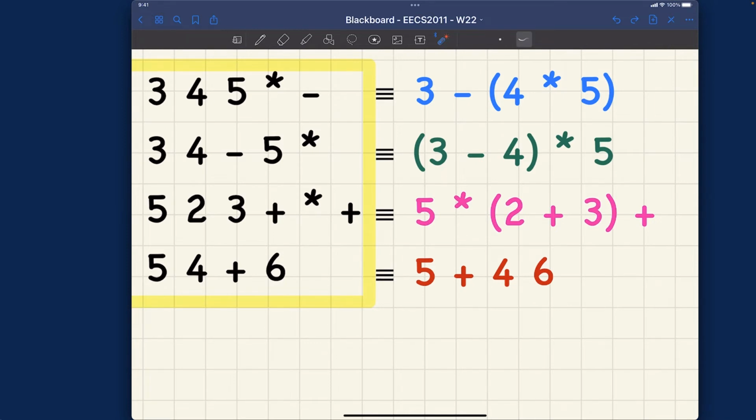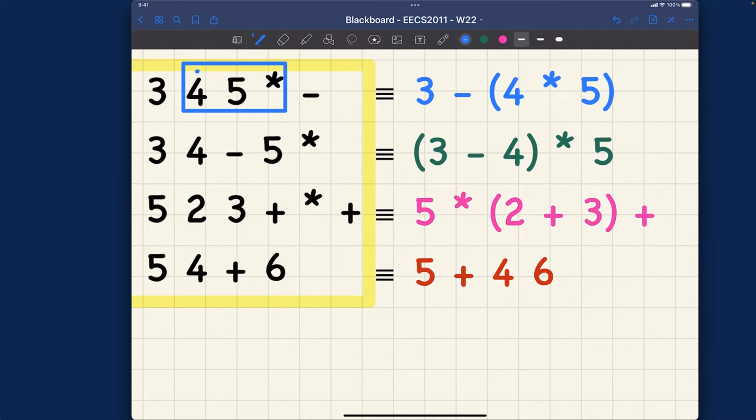Okay, so this is equivalent to this, but how do we understand it? The best way intuitively is to look for operators which come after two numbers. Look for instances like that, and then I'll show you what follows. Let's say for this one here, you can see for this part I got multiply and then 4 and 5, right?